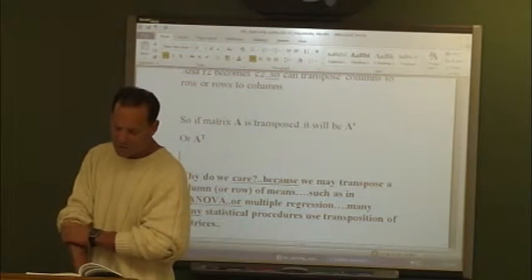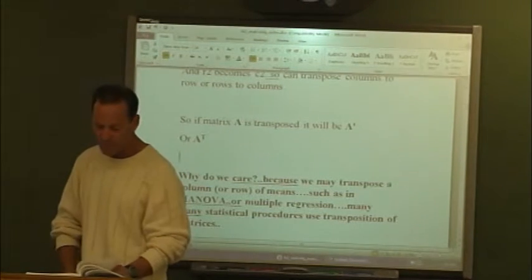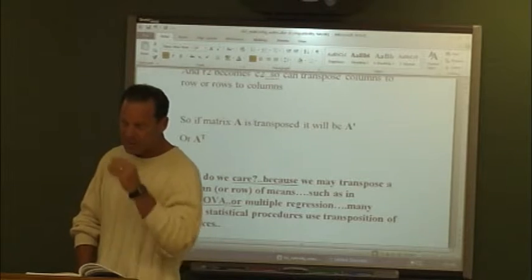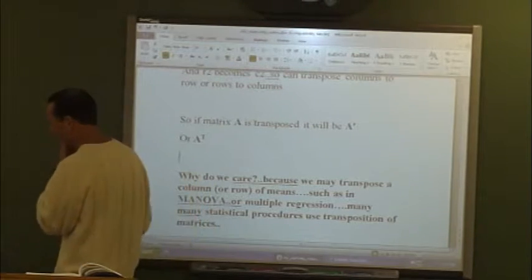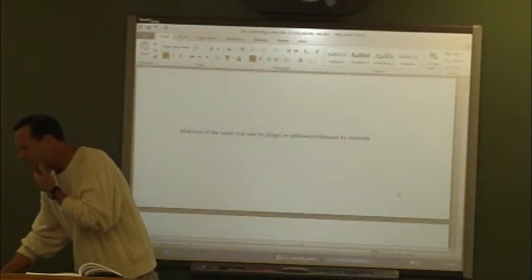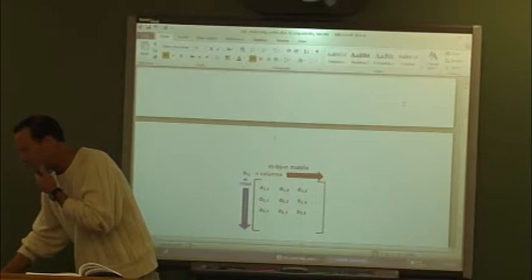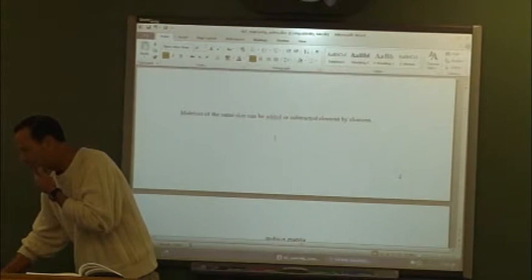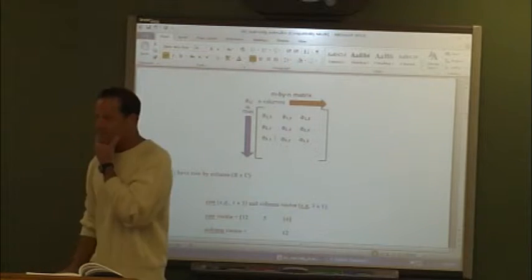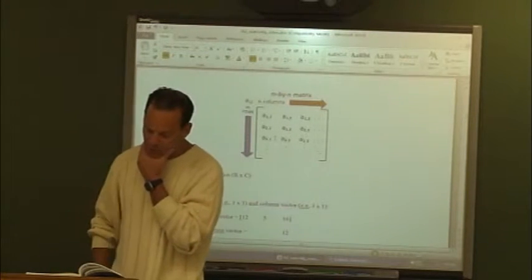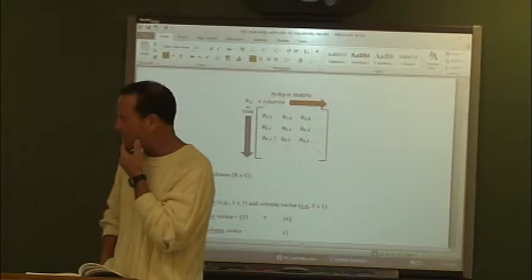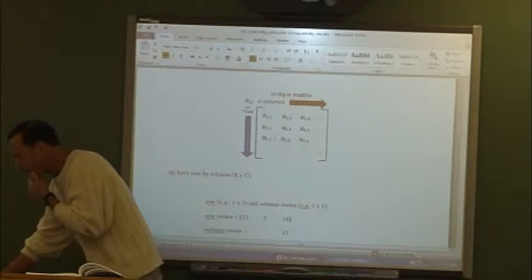Now, just to refer to your book, on top of page 44, you'll see you can also number the elements. For instance, row 1, column 1 has an x 1, 1. Does everybody see x 1, 1?